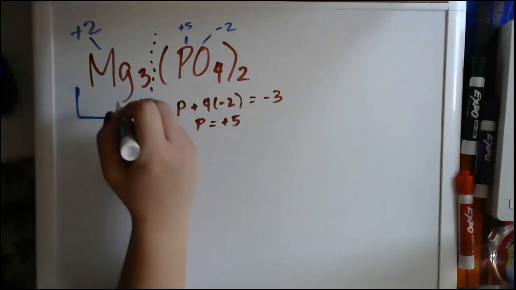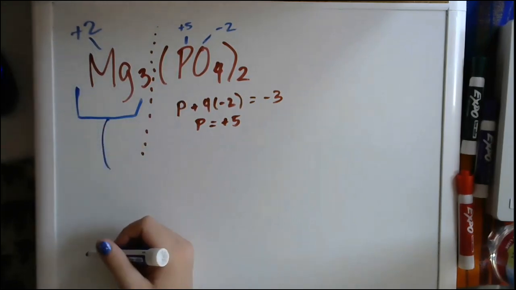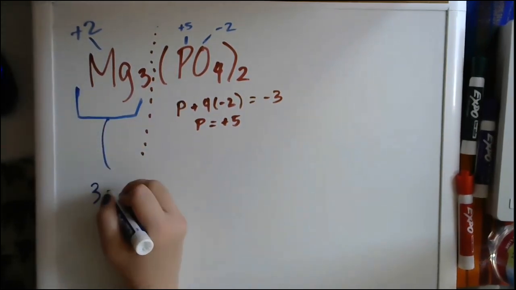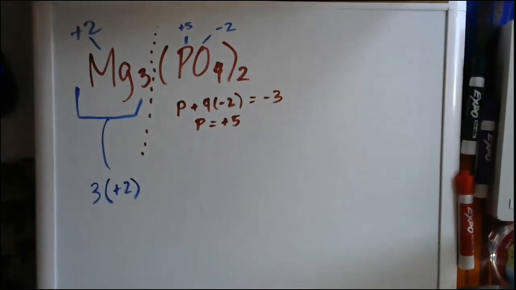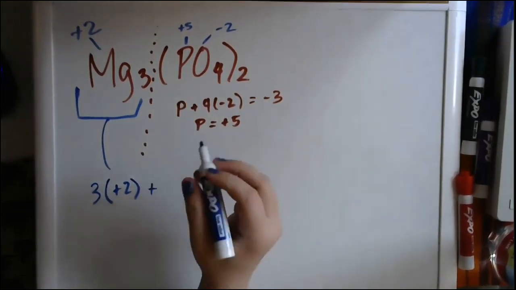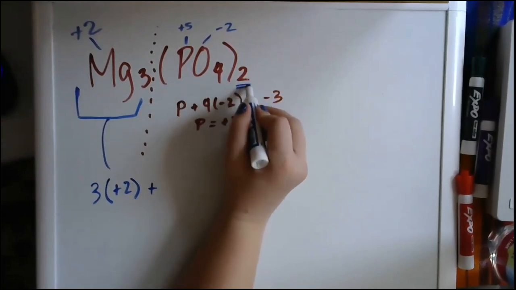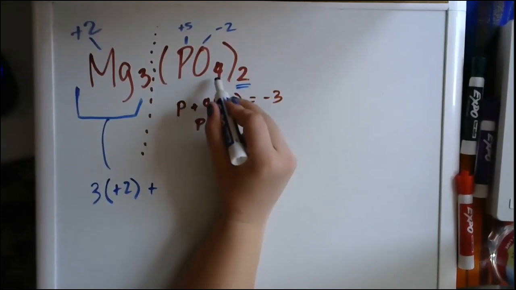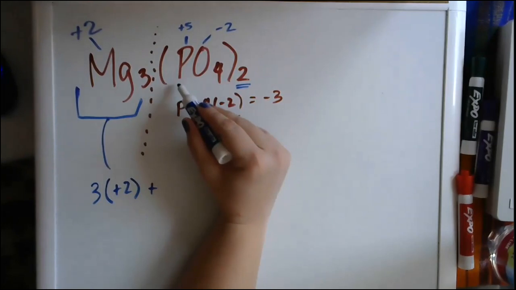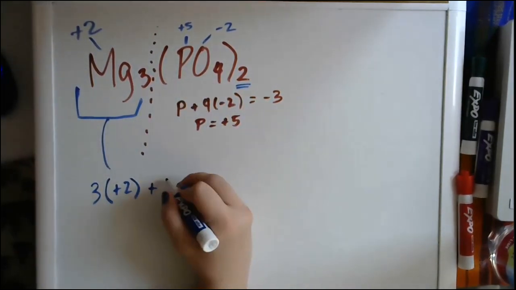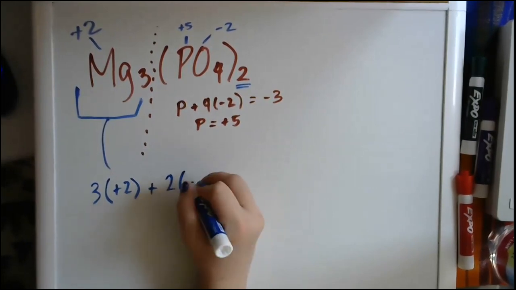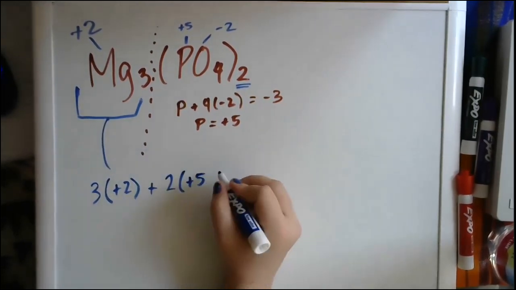So according to what I have down here, I have 3 magnesiums. Each magnesium has a +2 oxidation state. Now, I have 2 phosphate groups. That means I have 2 phosphoruses and I'm going to have 8 oxygens. So my oxidation state for phosphorus, I'm going to have to multiply by 2.